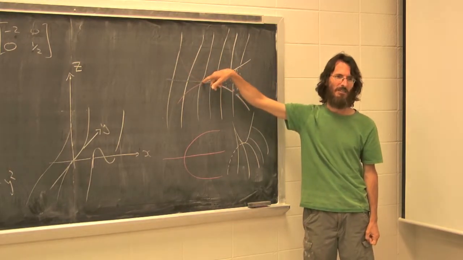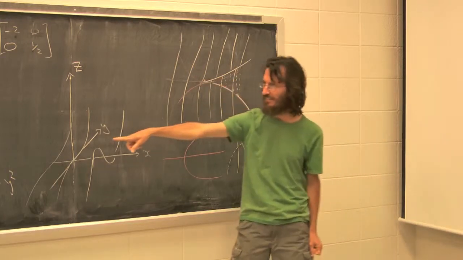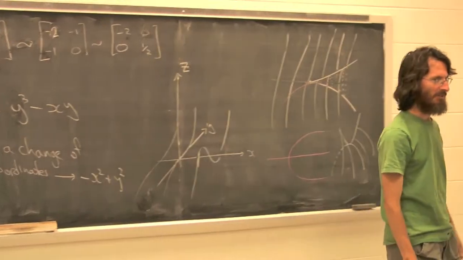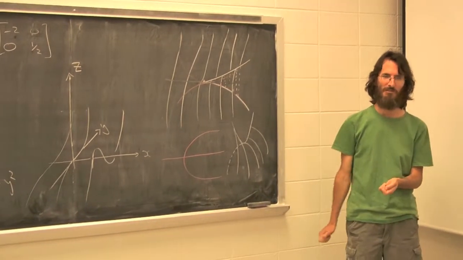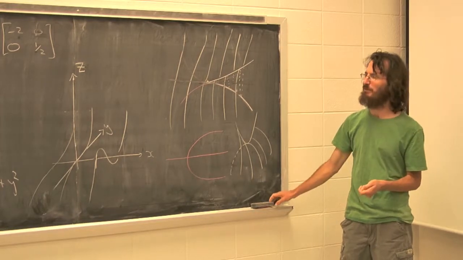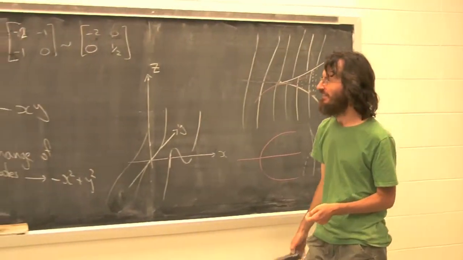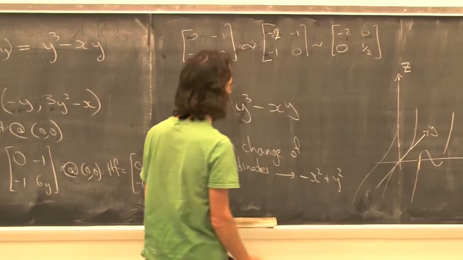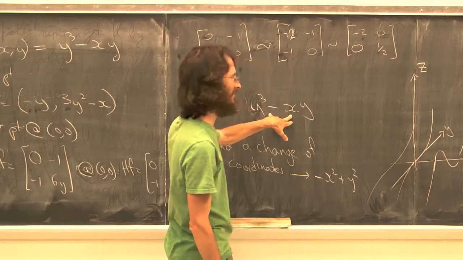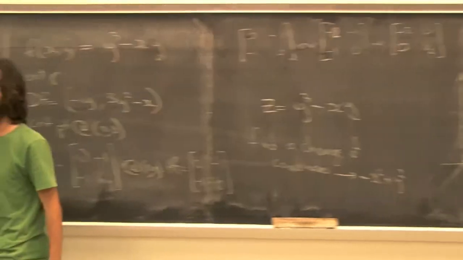But I just think it's a nice challenge to explicitly find the change of coordinates. You probably don't want to use the full general proof of the Morse lemma, but maybe intuit a way to change coordinates, some capital X, capital Y, so that this function is minus x squared plus y squared.